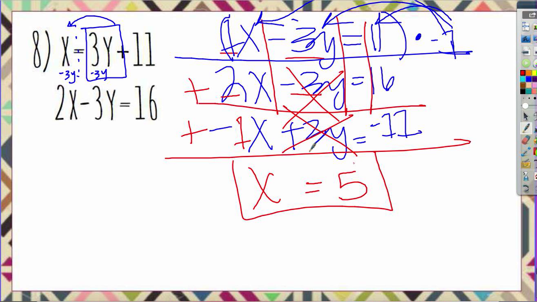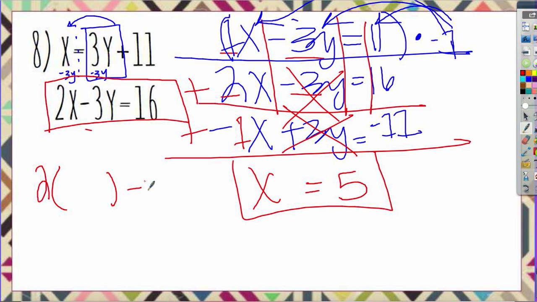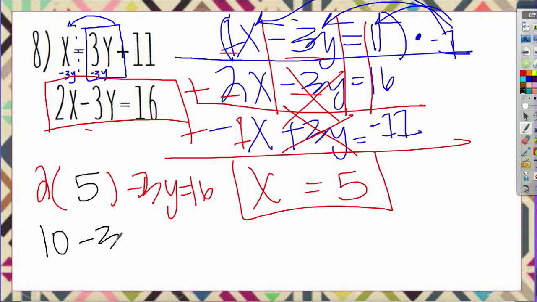We need to take this x value and plug it back in to find y. We can use the top or the bottom equation, it does not matter. I'll use the bottom one just because. We've got 2 times x minus 3y equals 16. The x value we found is 5, so 2 times 5 is 10, minus 3y equals 16.